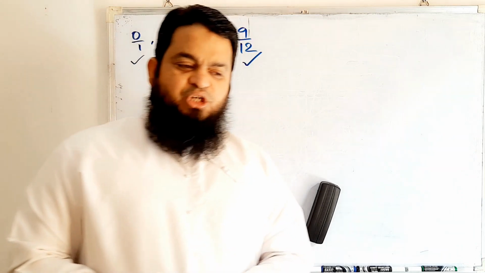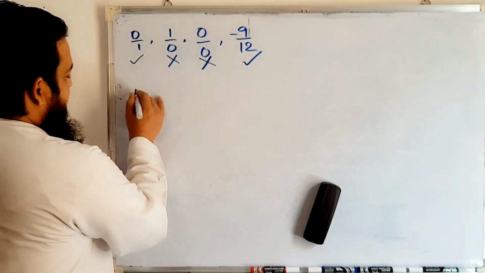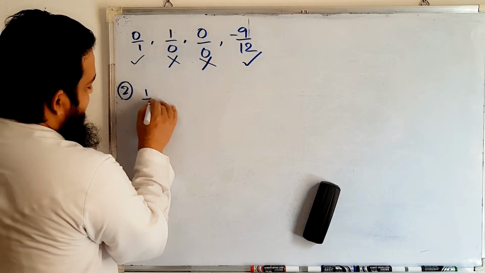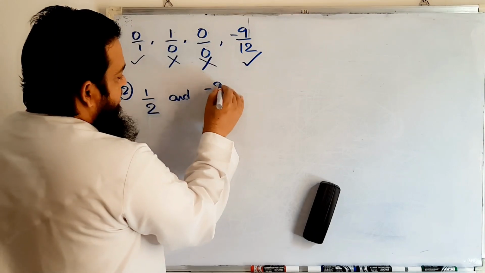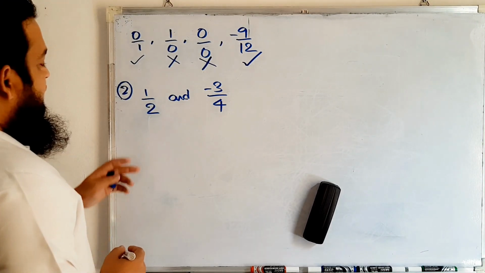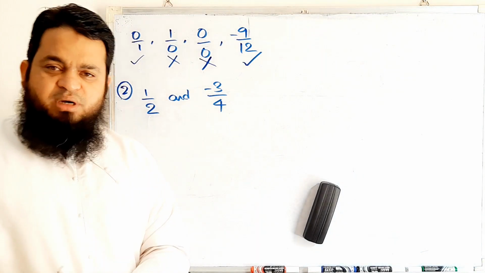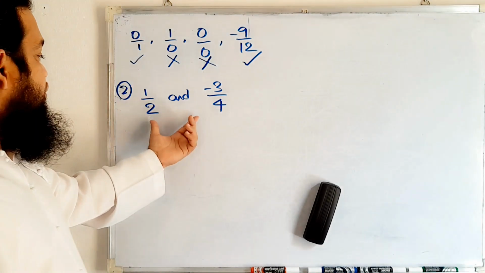Compare the given rational numbers and state the greater number. Okay. The numbers given are, this is the second question, 1 by 2 and minus 3 by 4. Okay. So let's go for that. In order to compare two rational numbers, their denominators should be the same. So take the LCM of 2 and 4.